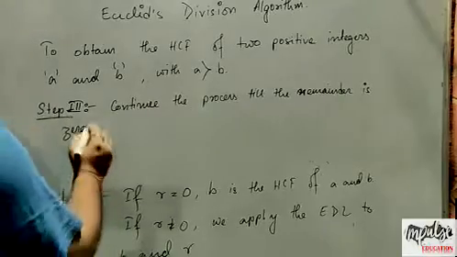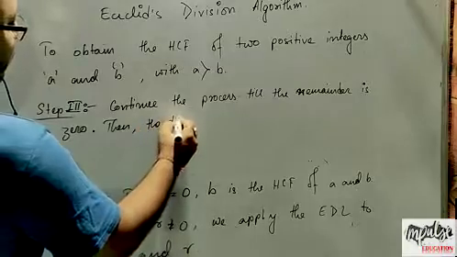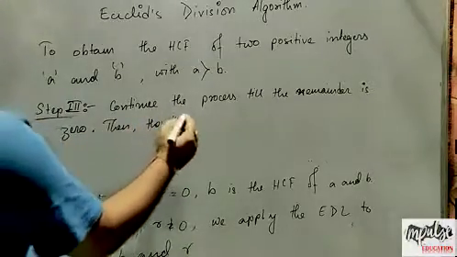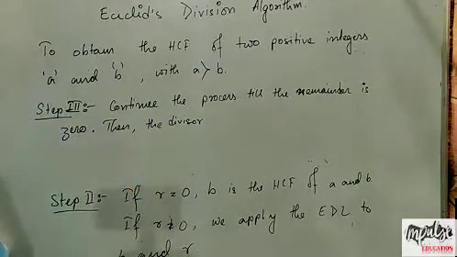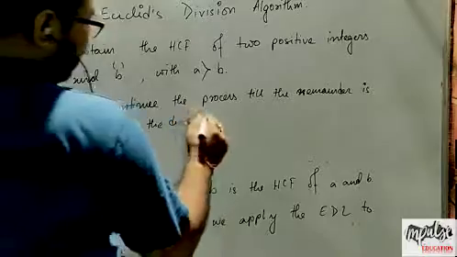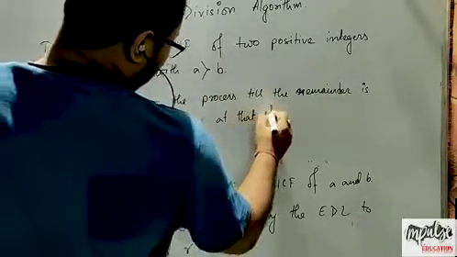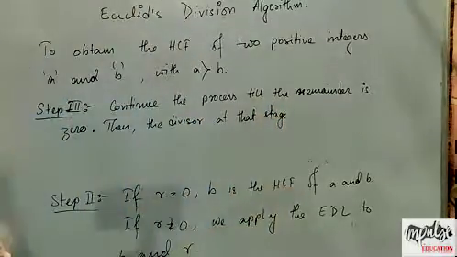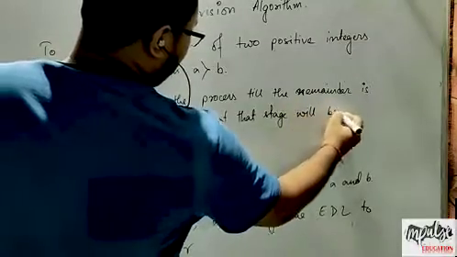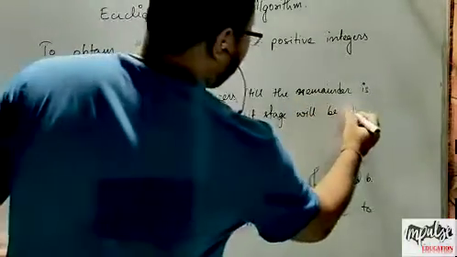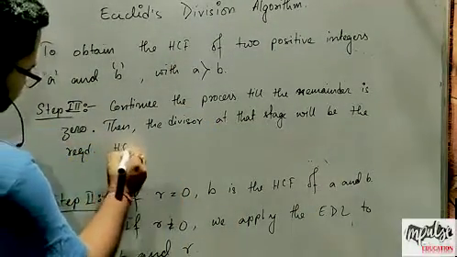Once the remainder becomes 0, then the divisor at that stage will be the required HCF.